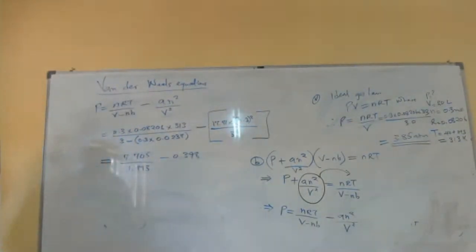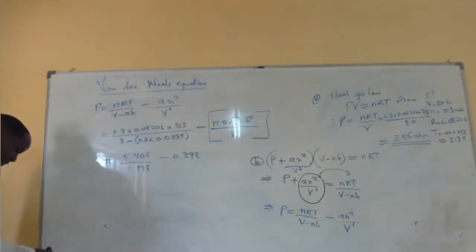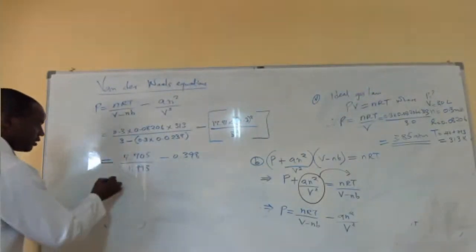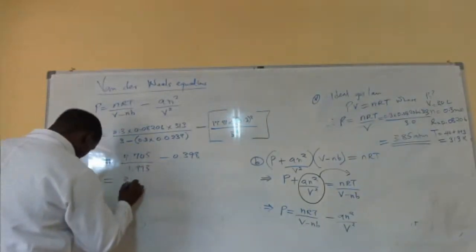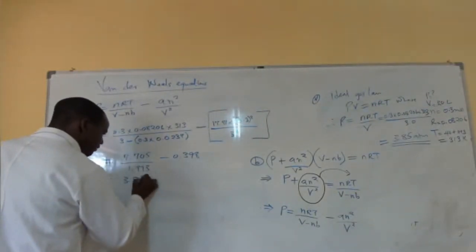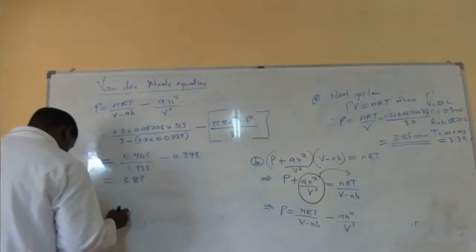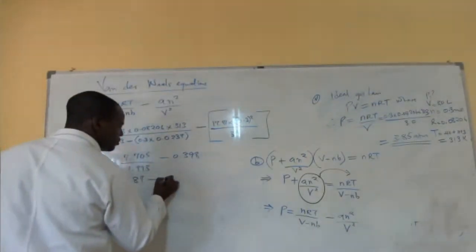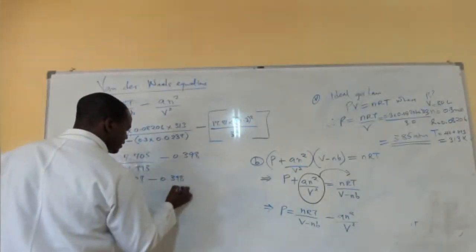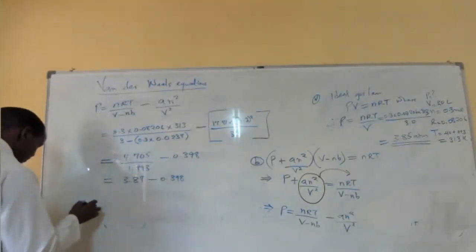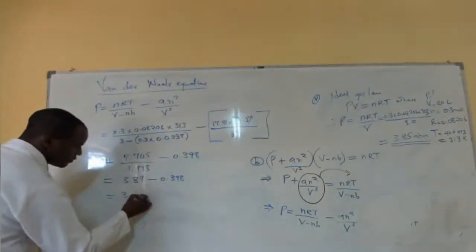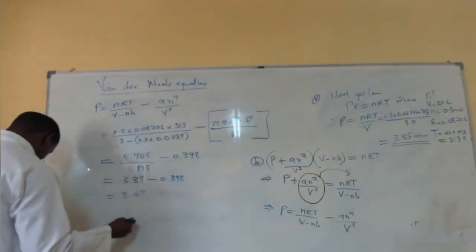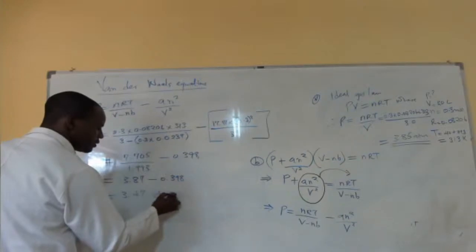So when you simplify that, you should be able to get this side 3.87 minus 0.398. The difference is equal to 3.47 atmospheres.